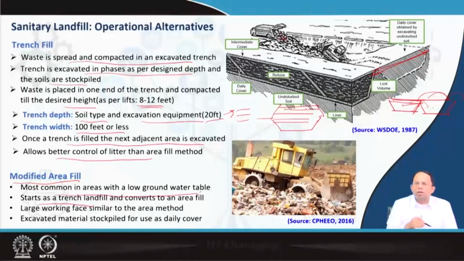So it has a similar working phase as the area fill method. Eventually it becomes like an area fill method, and excavated material is stockpiled for use as daily cover. This allows excavation of some amount of material which could be used as cover. The amount of material that we will require as cover can be excavated, and that could determine the depth of this excavation as well.